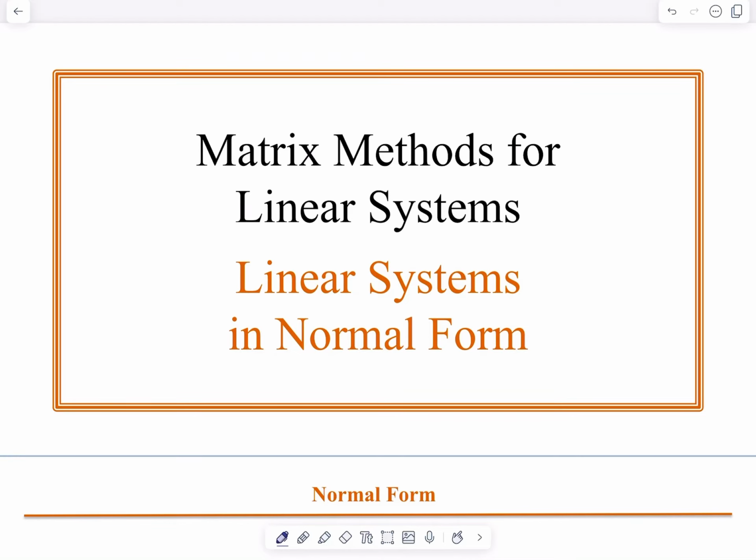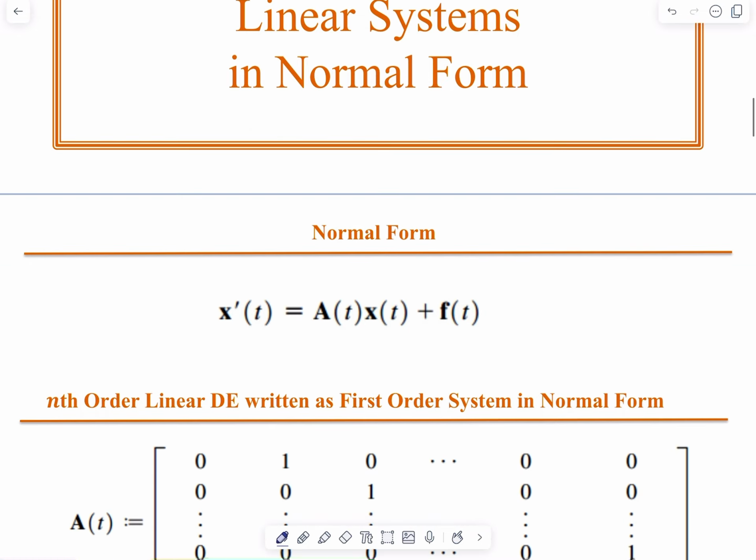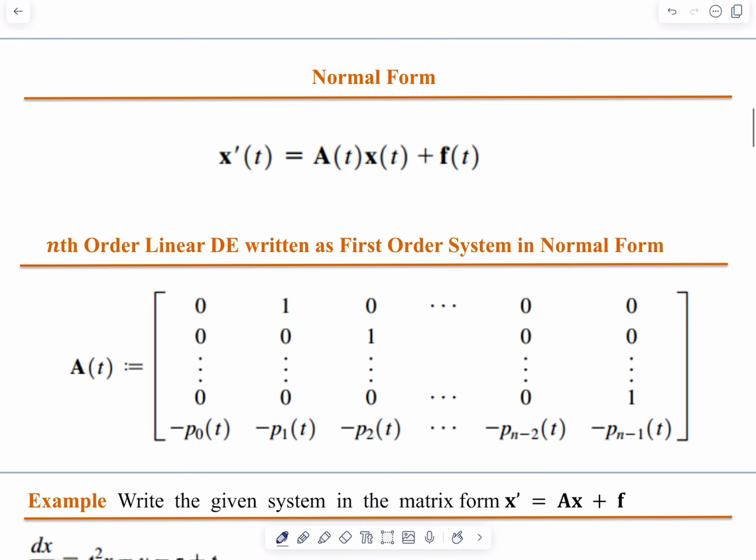Methods for linear systems, and in this video we will be talking about linear systems in normal form. So we say that a system of n linear differential equations can be represented or expressed in this form.